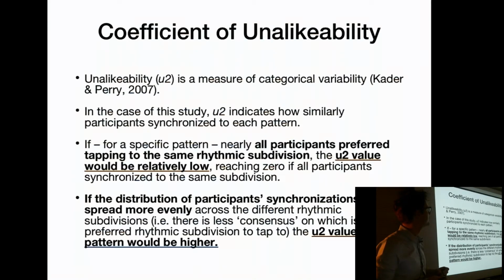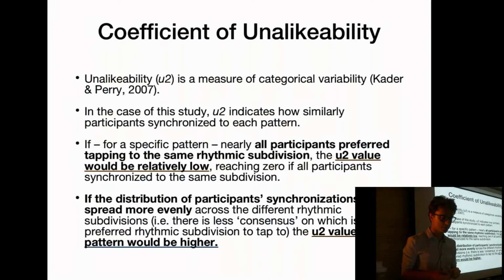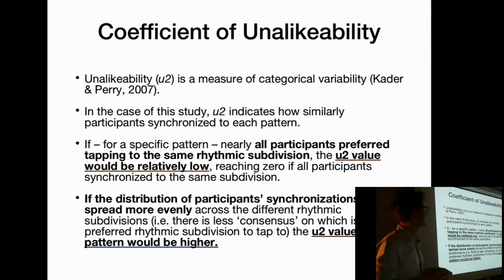It's a measure of categorical variability. So it tells you how much a categorical variable, like it's a measure of spread of a categorical variable, basically. And so in the case of this study, the coefficient of unlikability basically indicates how similarly participants synchronized to each pattern, all right?